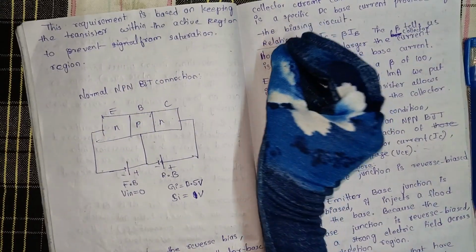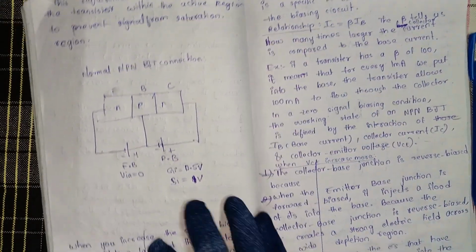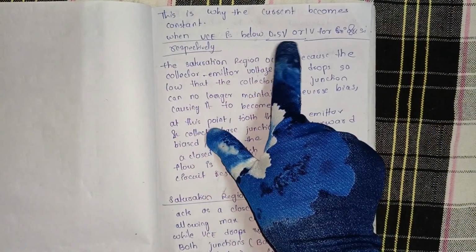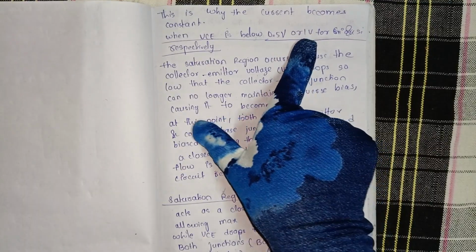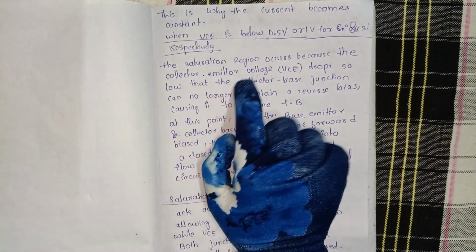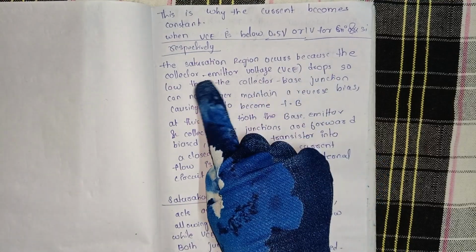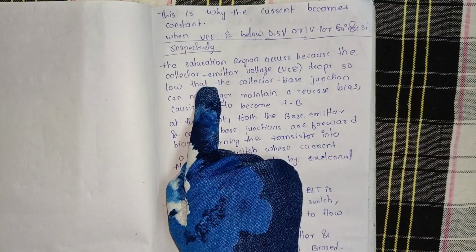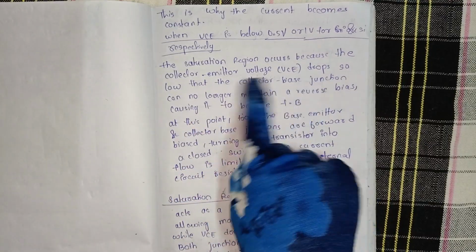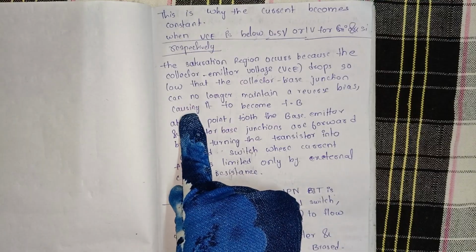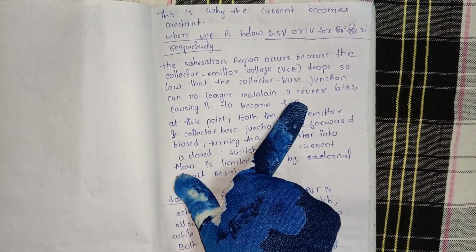How does the saturation region occur? When VCE is below 0.5 volts or 1 volt for germanium and silicon respectively, the saturation region occurs because the collector-emitter voltage drops so low that the collector-base junction can no longer maintain a reverse bias, causing it to become forward biased.